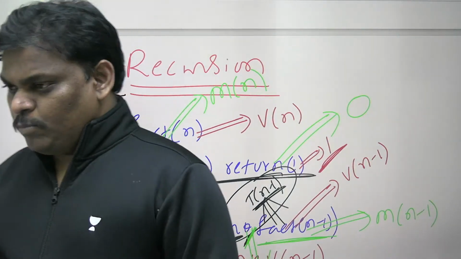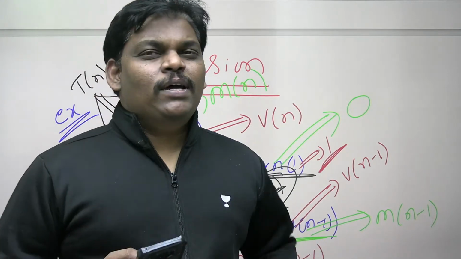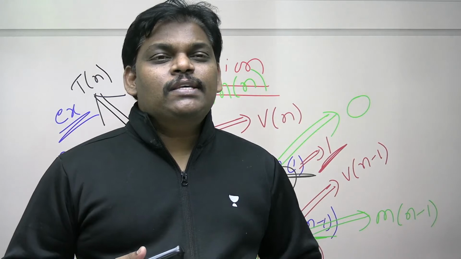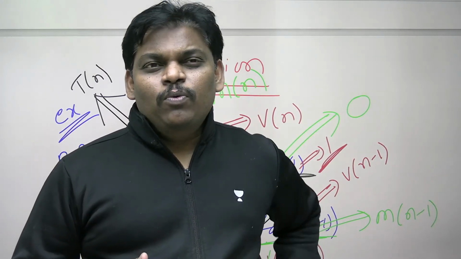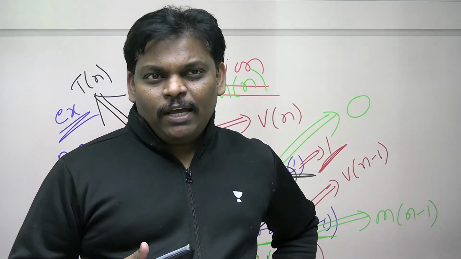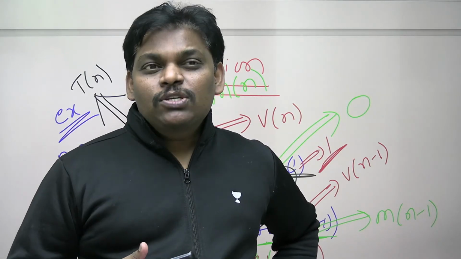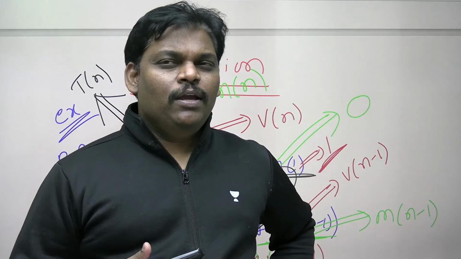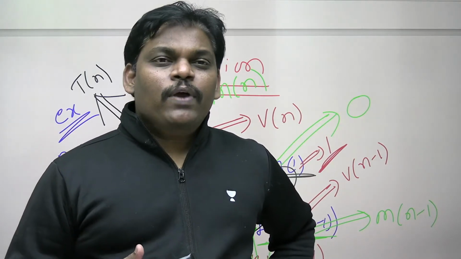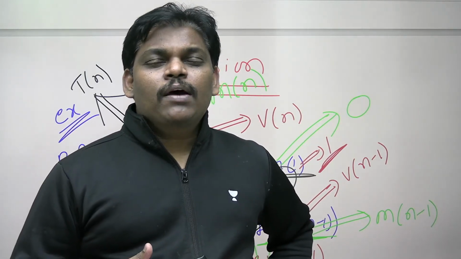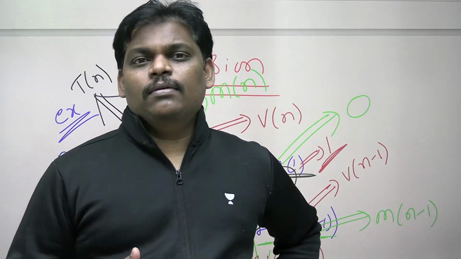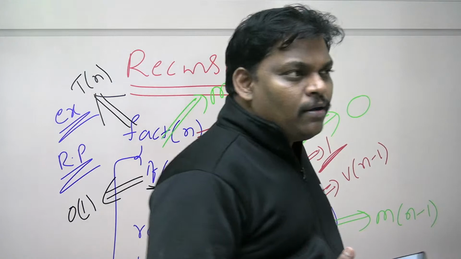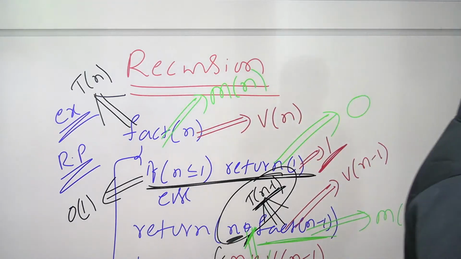So those people who are saying, sir, I got everything you said, can you do one thing yourself? Those people who are watching, can you type in the comment section? Let us assume fact of n, and the number of additions is A of n.